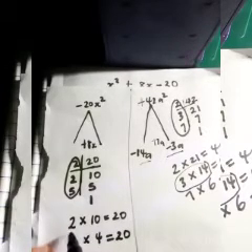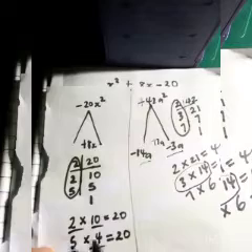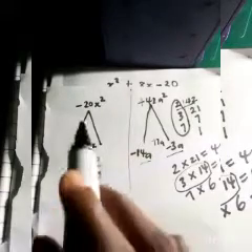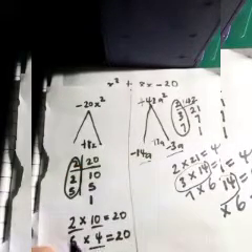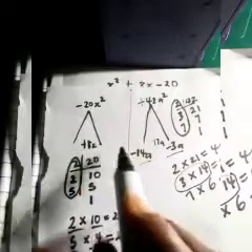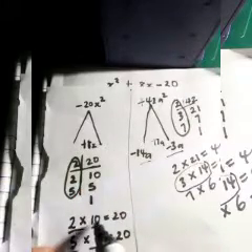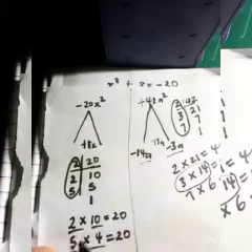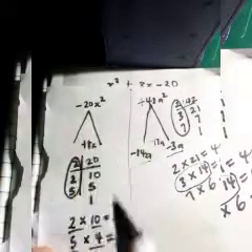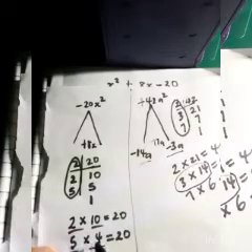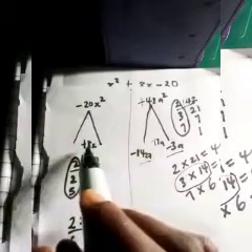Now, which of these two numbers, when multiplied, will give us 20, and when added, give us plus 8? Now, 5 times 4 will give us 20, but 5 plus 4 will not give us 8.